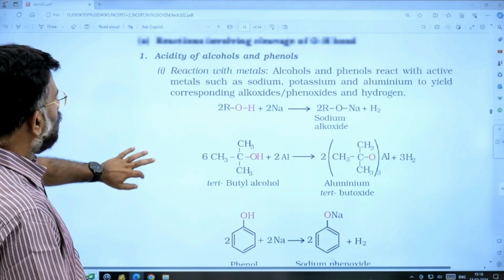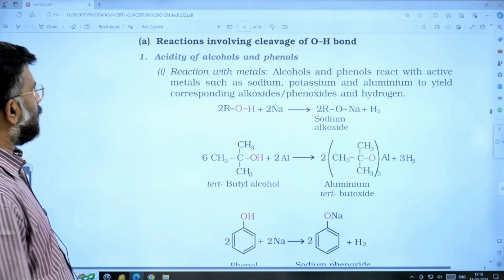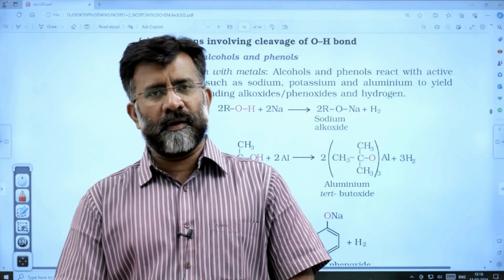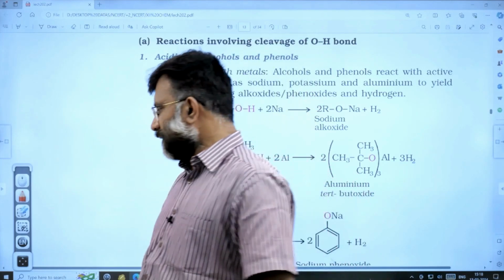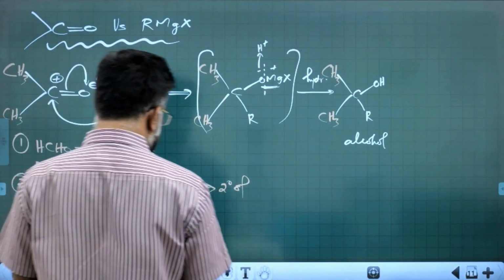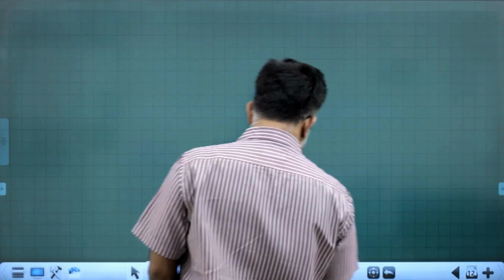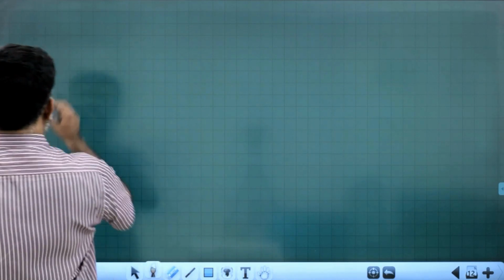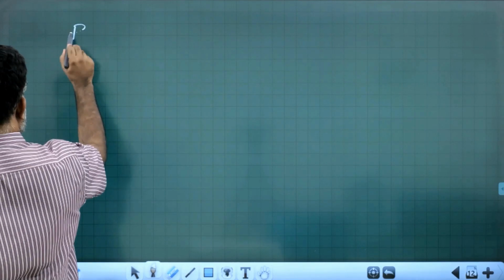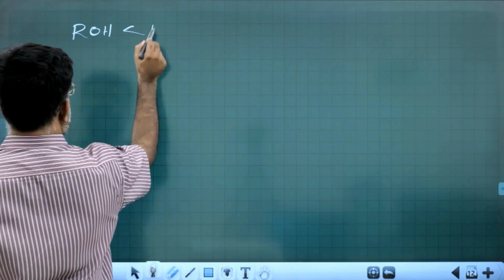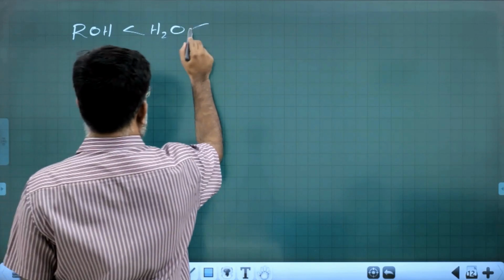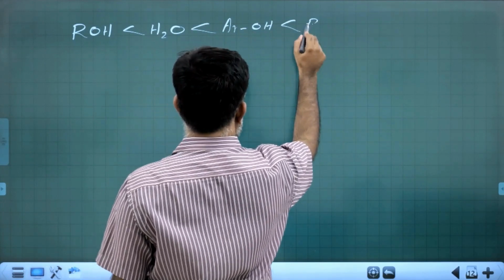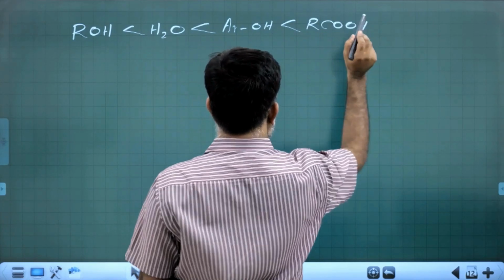One of the most important reactions is the acidity of alcohol and phenol. Acidic nature of alcohols and phenols should be compared. Please understand the acidic nature: alcohols are less acidic than water, while phenols are more acidic than water but less acidic than carboxylic acid.